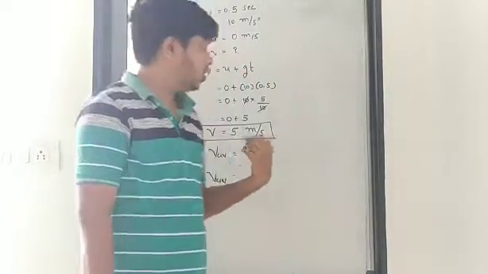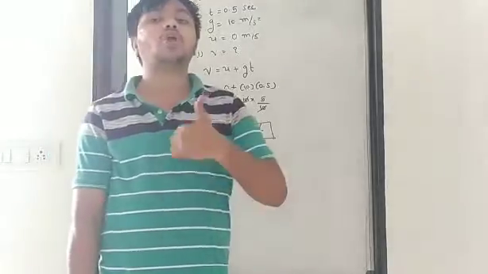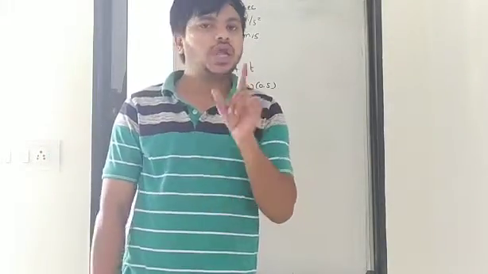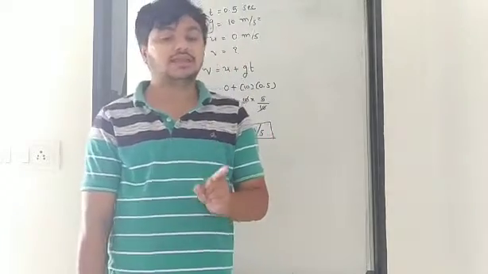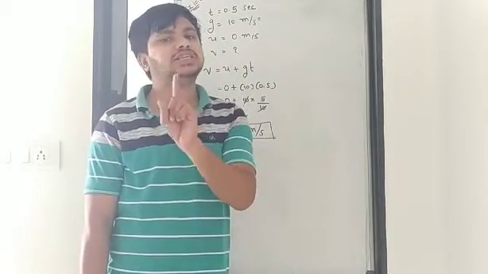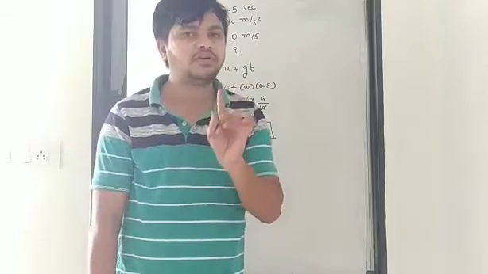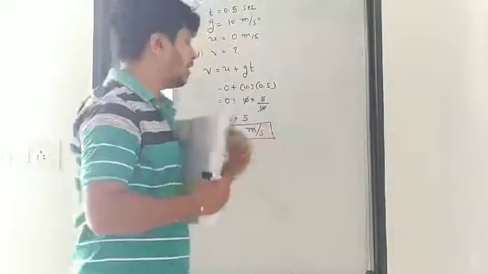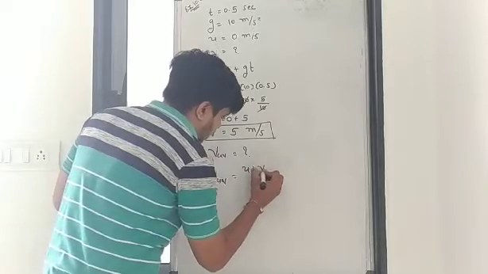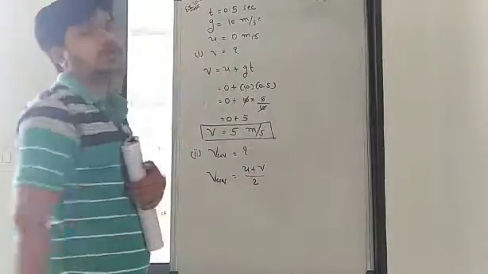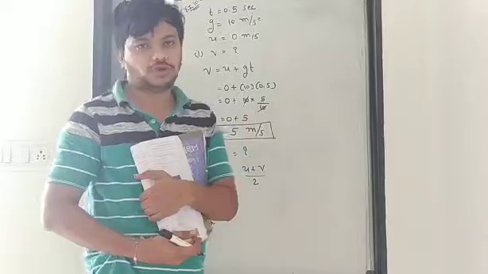As here, the object is moving with constant acceleration. If an object is moving with constant acceleration, or you can say that in the same time the change in velocity is the same, means the acceleration is same, then you can easily find v_av by taking the arithmetic mean of the final and the initial velocity.